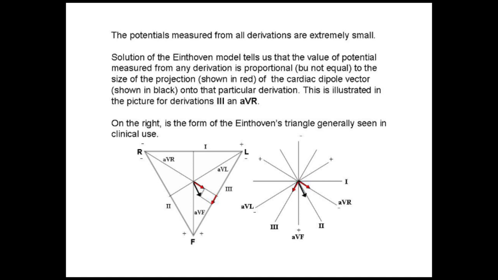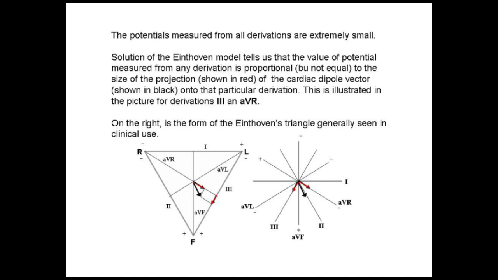On the illustration, you can see two examples. One for the third derivation, and the second for the AVR augmented derivation. In the illustration, the cardiac dipole is shown in black, and the projections onto the third derivation axis and the AVR axis are shown in red.